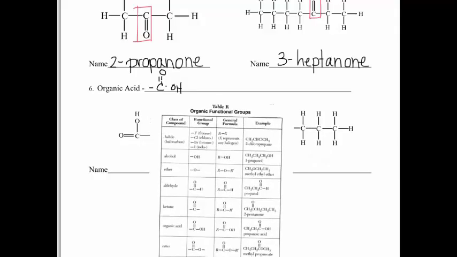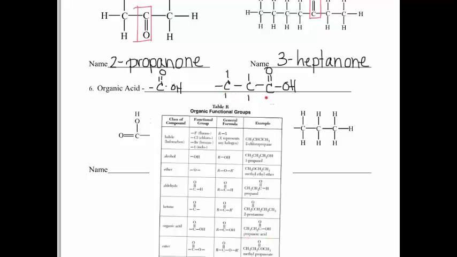So the example they gave us, we have carbon with 3 hydrogens, like so, bonded to a carbon with 2 hydrogens, bonded to a carbon with a double bonded O and an OH. And now when we look at the name, they're calling it propanoic acid.